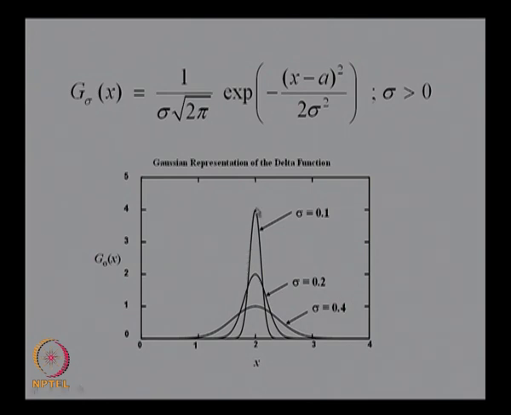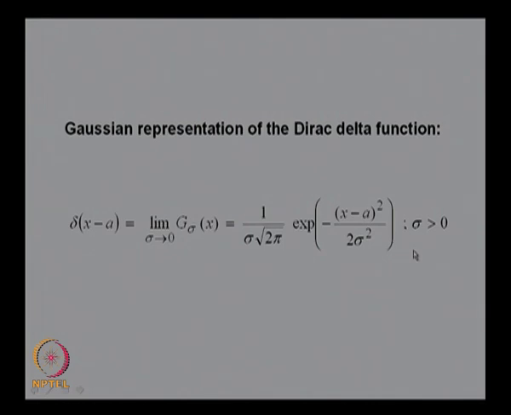But the area under the curve is always unity. So, we have what is known as the Gaussian representation of the Dirac delta function. This is an important representation, but there are many representations of the Dirac delta function. This is yet one more.